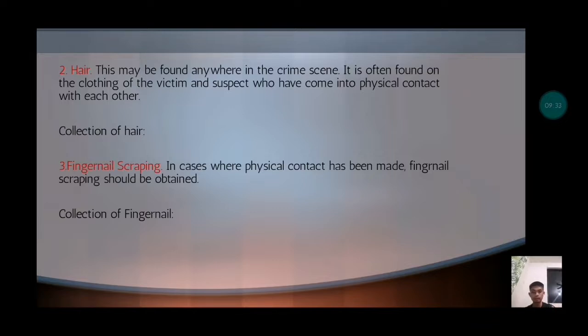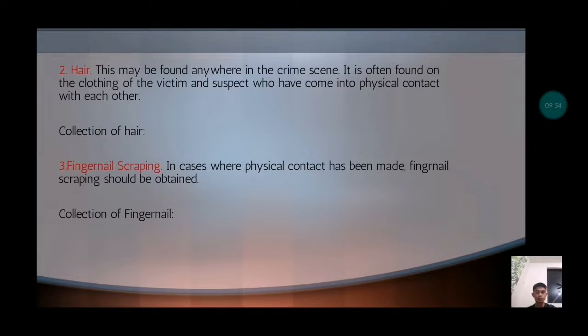So number 3 is fingernail scraping. In cases where physical contact has been made, fingernail scraping should be obtained. Rape cases or assault cases are good examples of cases where fingernail scraping may be important.